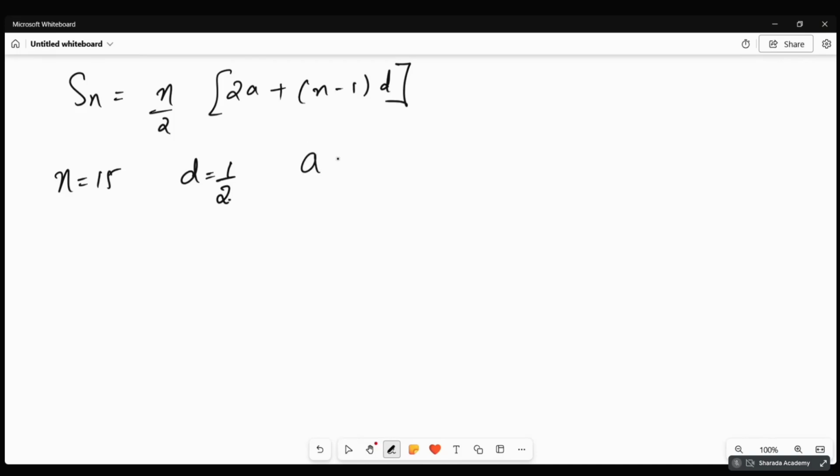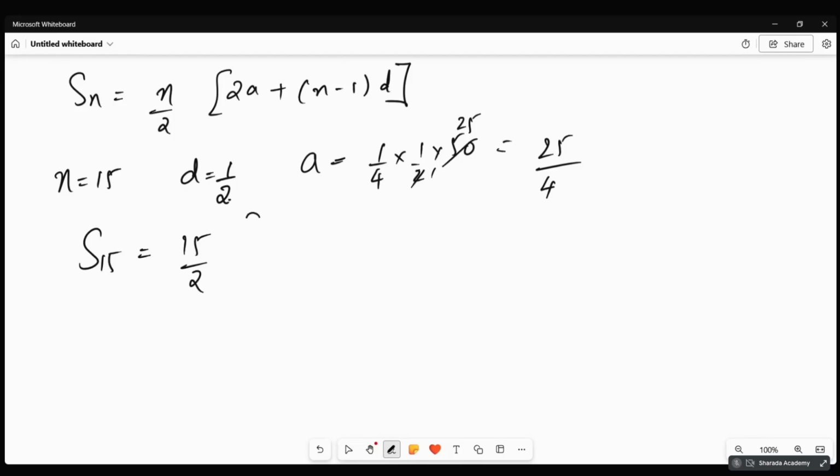And a will be equal to 1 by 4 into 1 by 2 into 50, so this is equal to 25 by 4. So S15 is equal to 15 by 2 into 2 into 25 by 4 plus 15 minus 1 into 1 by 2.